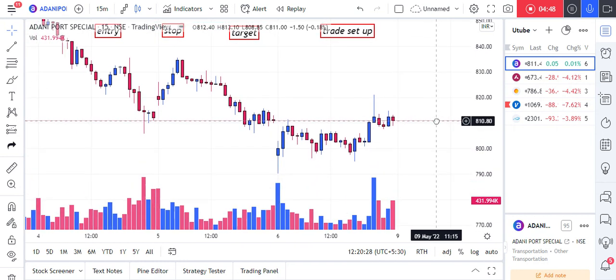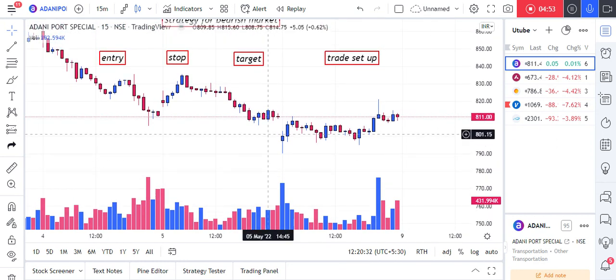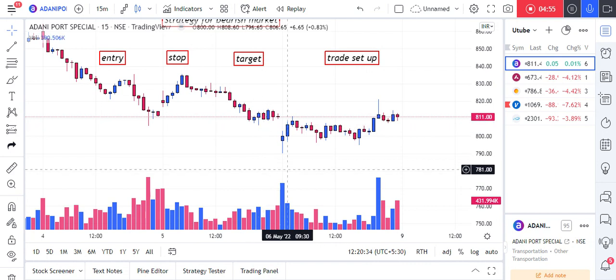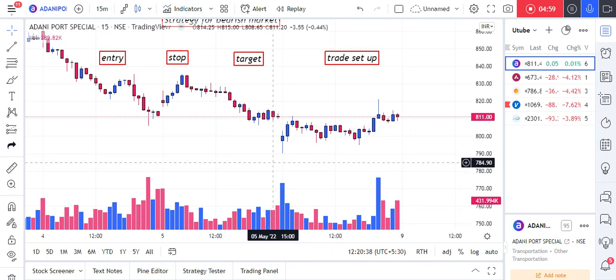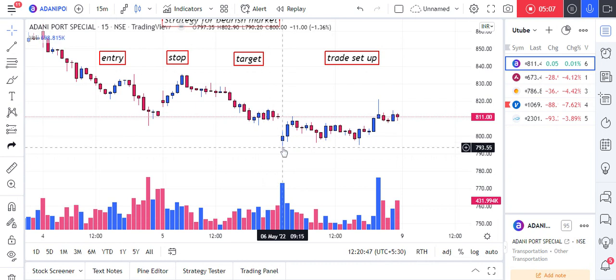This is Adani Ports, and see here, the price opened below the previous day's low. But see, the candle is not a bear candle, it is a bull candle. So for Adani Ports, the first criterion is okay, but the second condition is not satisfied, as the first candle is a bull candle, so it is not valid to take the trade.